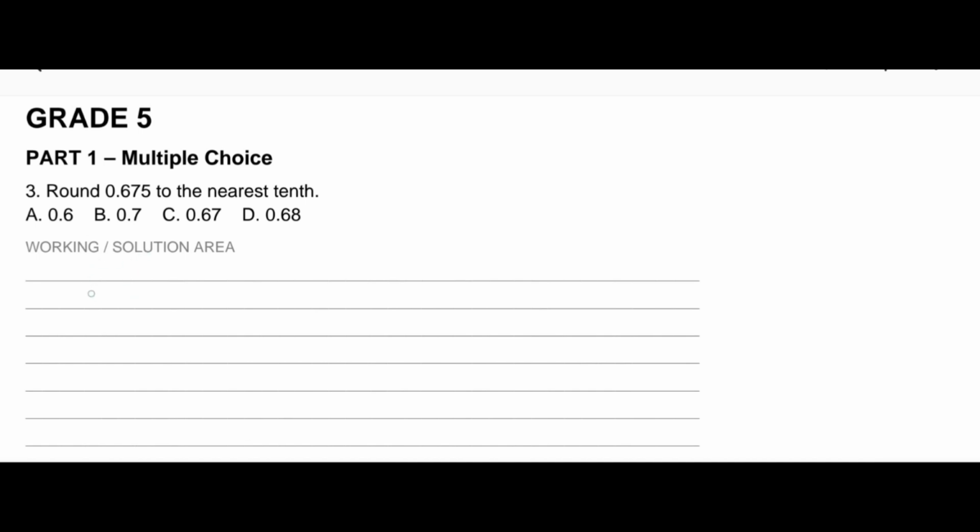One decimal place looks like this: 0.1, 0.2, 0.3, 0.4, 0.5, 0.6, and so on and so forth. Do you understand? So they want the number to look like this.